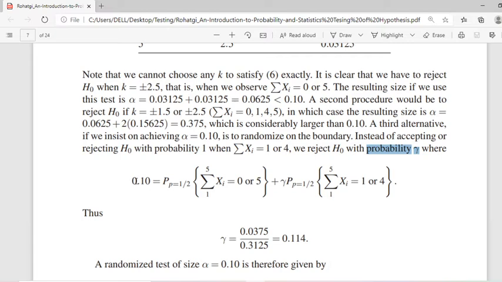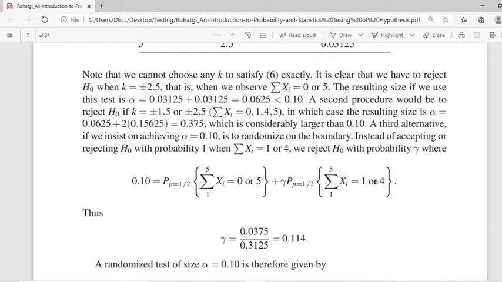We can use this equation: the probability of rejection is equal to 0.1, that is exactly equal to the probability of rejection when we observe summation x equal to 0 or 5 plus gamma times the probability of rejection when we observe summation x equal to 1 or 4. Gamma is the proportion of rejection of this null hypothesis when we observe summation x equal to 1 or 4.